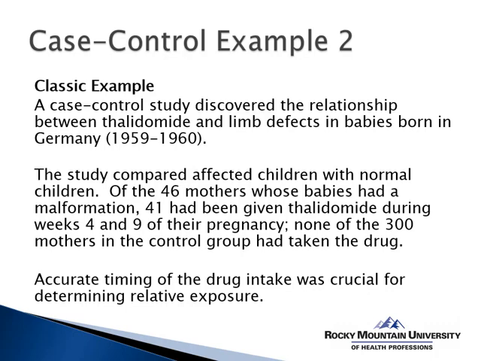None of the 300 mothers in the control group had taken the drug. So, what was necessary? Knowing from the interviews if people had had exposure to the medication, and also appreciating the timing of drug intake, so understanding what that exposure was.